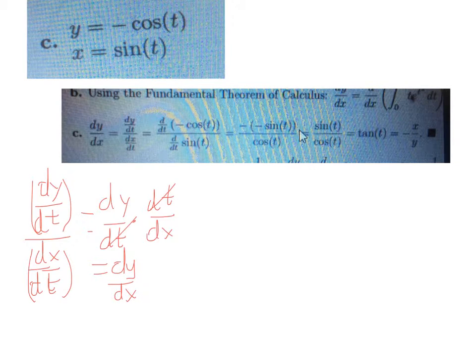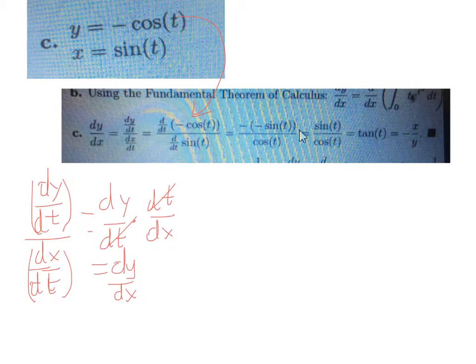And so the first thing he's doing is he's going to bring this function in here and take the derivative with respect to t, because it's defined according to t. And so the derivative of negative cos t is, well, the derivative of cos t is negative sine t, so it's negative negative in this case, so it comes out as positive.